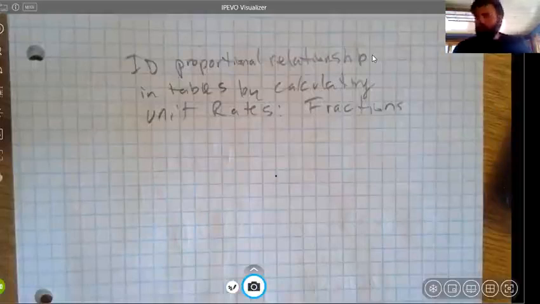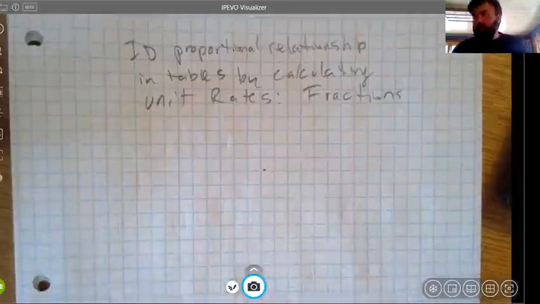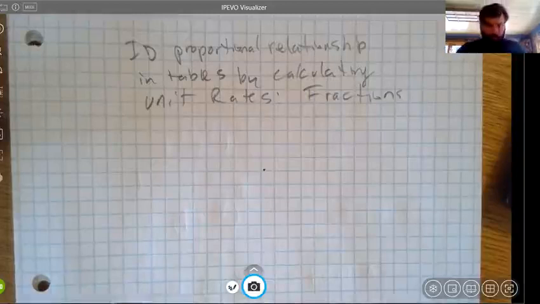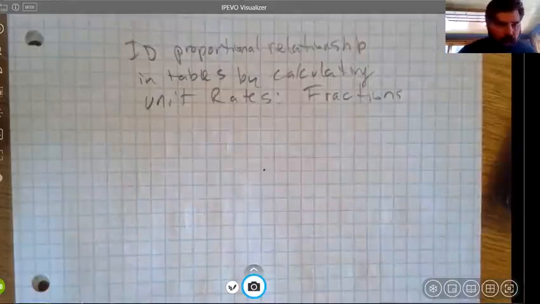All right, so I should have shared this, and then I need to drag this over here so I can see the problem again. So the question was, for each table, determine whether it shows that X and Y are proportional. If X and Y are proportional, fill in the blank with a number in simplest form.